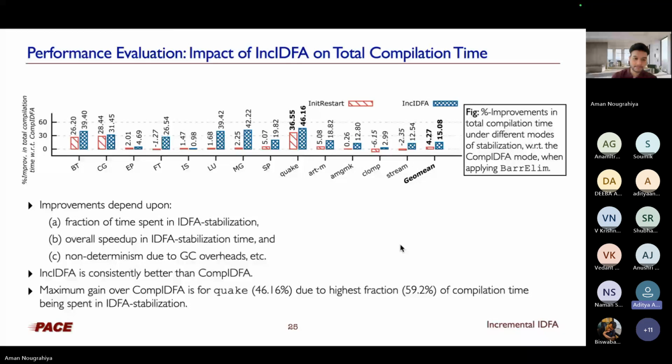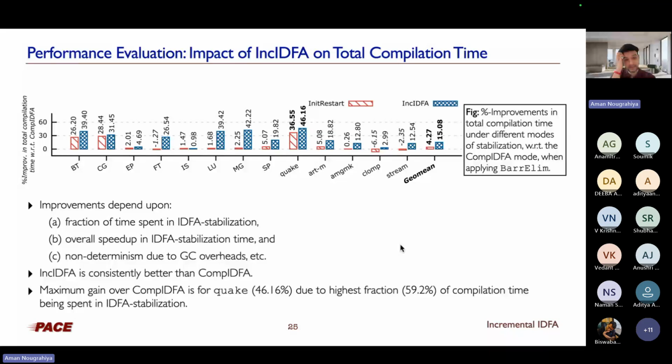Is there any formal proof or formalism in the paper, or have you done any equivalence check compared to comp IDFA? Yes, we have a very thorough formal proof. In fact, I personally believe that's one of the strongest contributions of the paper, because it's very easy to come up with various approaches in which we can incrementalize things. I'm sure there is a lot that we can do here.